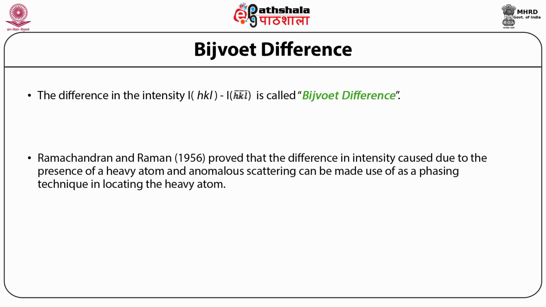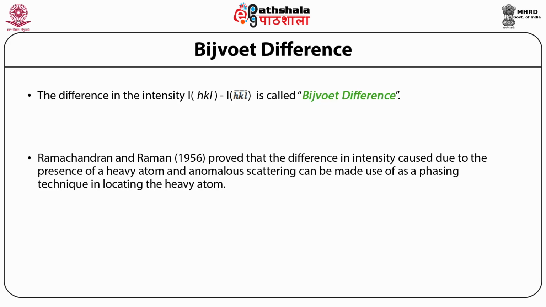Ramachandran and Raman, in the year 1956, from the University of Madras, Crystallography and Biophysics department, proved that the difference in intensity caused by the presence of a heavy atom and anomalous scattering, that is the Bijvoet difference, can be made use of as a phasing technique in locating the heavy atom.